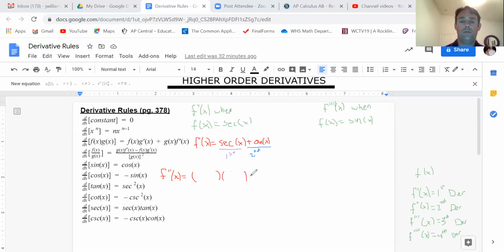All righty. Here we go. Let's go plug some stuff in here. So the first thing I got, my first function, secant x. And then the derivative of my second function, so that would be secant squared x.